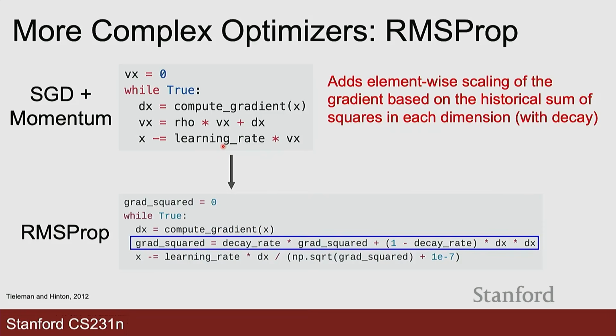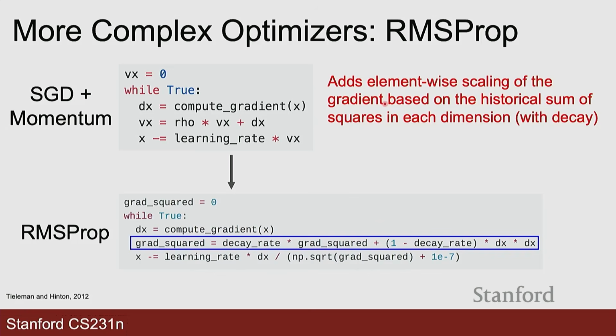So we talked about momentum, and now we'll talk about something called RMSProp. RMSProp is a bit of an older method now, from 2012, and it came out of Geoffrey Hinton's group. The basic idea is, instead of just having this running velocity, which the momentum captures, to add element-wise scaling of the gradient.